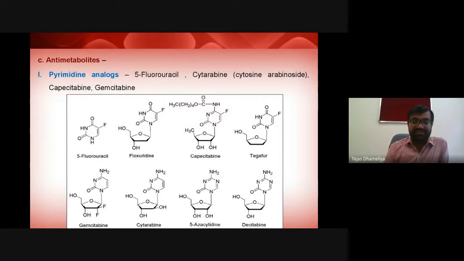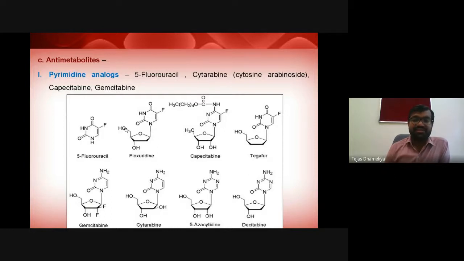Another substance after 5-fluorouracil is floxuridine. Again, its structure is very similar to 5-fluorouracil, but the difference is that it is a nucleoside. 5-fluorouracil was basically a nitrogenous base, and here it is attached to a sugar. Whenever a nitrogenous base is attached to a sugar, it is termed a nucleoside. If a nucleoside is attached to a phosphate, it is called a nucleotide.